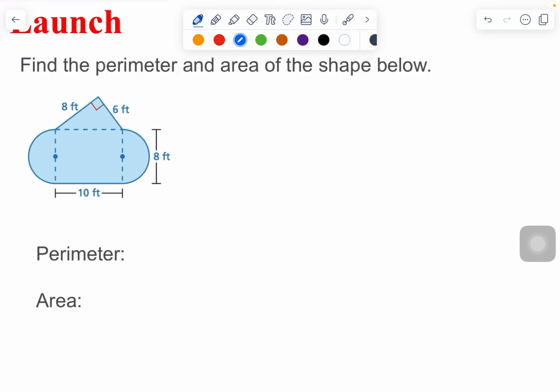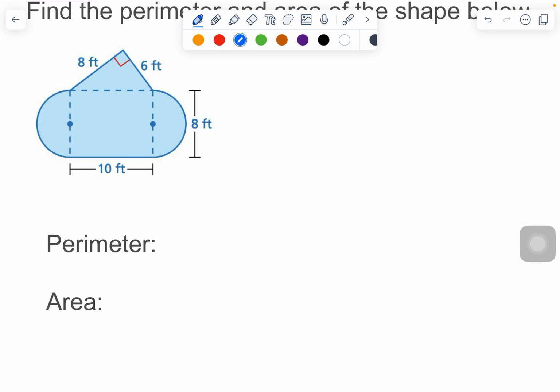Okay, so obviously perimeter, we're going to add up all the outside edges. In blue, this 10 feet is the first one I'm going to start with. That's pretty easy. Then I'm going to work my way around. In red, I've got this semicircle, and that's really just this full circle. That full circle has a diameter of 8.